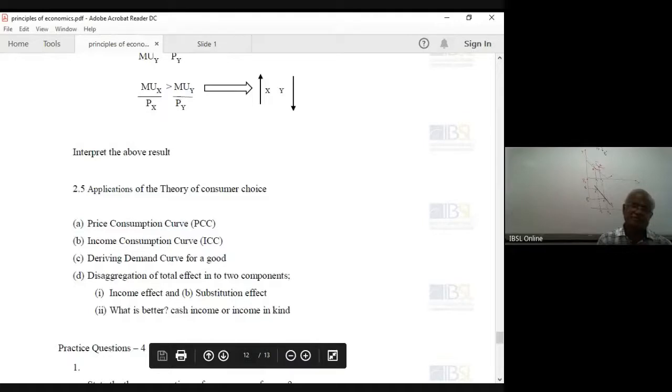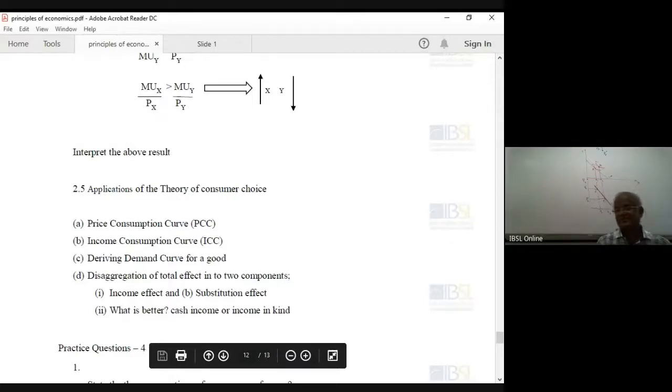Suppose the price of a sari decreases to 500. Now, if you spend all your income, 5,000, to buy saris, you can buy 10 saris. Earlier, at the price of 1,000, you could buy 5 saris. Now you can buy 10 saris.